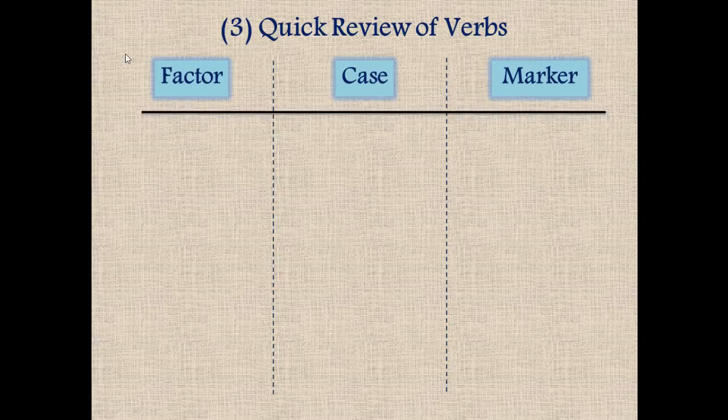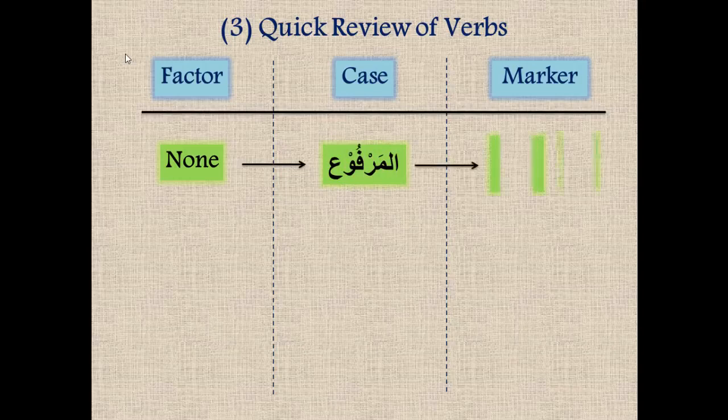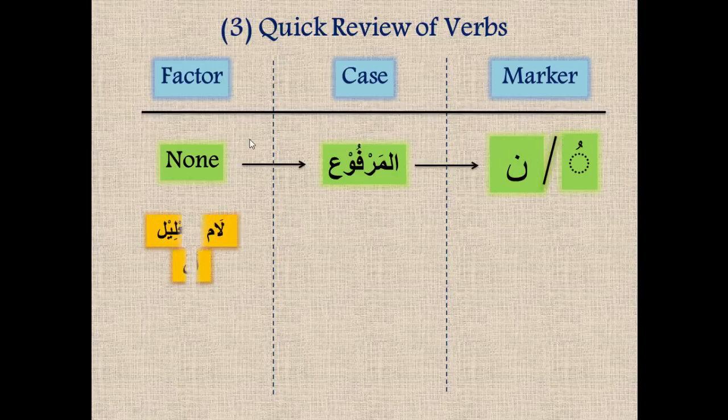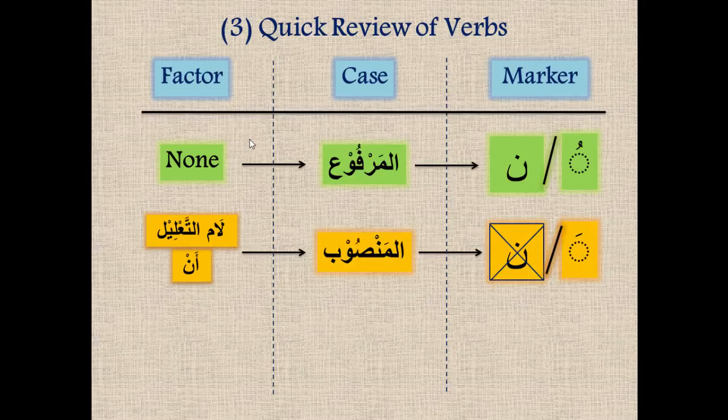So when we have no factors present, the case is the marfu', which means we have to use either a dhamma or a noon as the marker. If the factor is a nasib, such as lam ta'lil and an, that means we have to use the mansub case, which then means we have to drop the noon or we use a fatha.